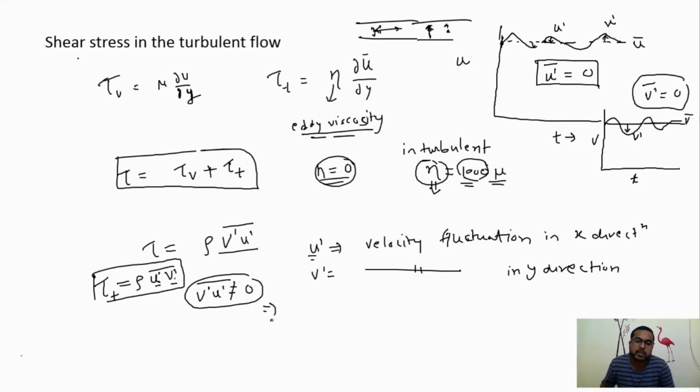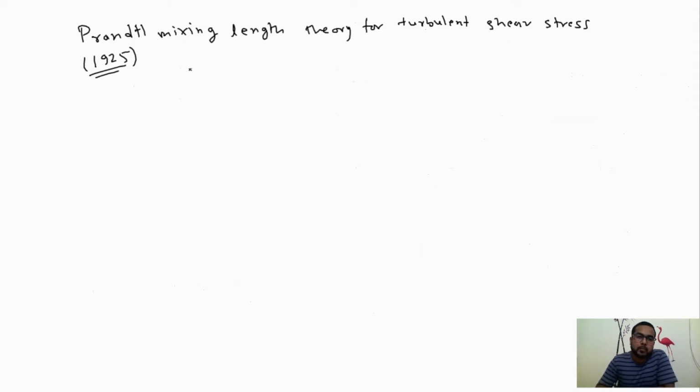So for simplicity, Prandtl has given his expression for the turbulent shear stresses. Let's see. In 1925, Prandtl gave the mixing length theory for turbulent shear stress. In this theory, he defined a mixing length.